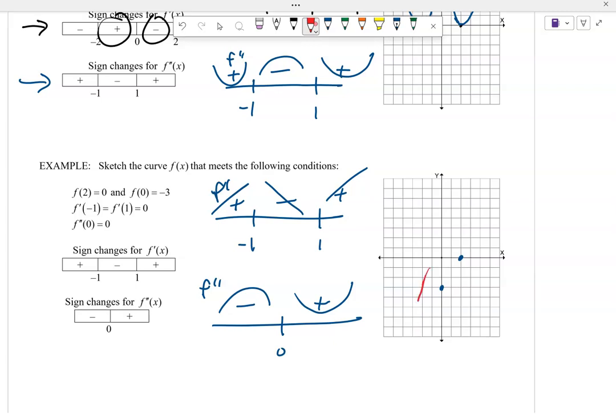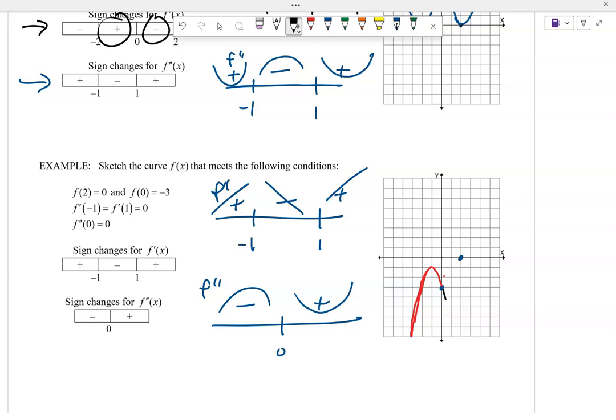We're increasing to -1, but I'm going to stay concave down. And now we have a max there at -1. Okay. Now we got to continue to decrease between -1 and 1. But I've got to change concavity. So I'm going to change to concave up.